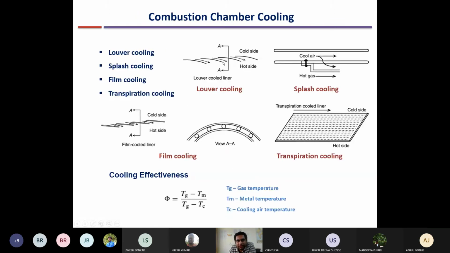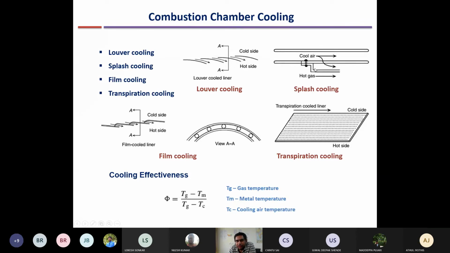Through this gap, the air is introduced, and this causes a line of cold air below this region. This is known as louver cooling. This is not very effective because the cold air directly goes inside the combustion chamber, so you need a large amount of air to sustain the cooling at the side.